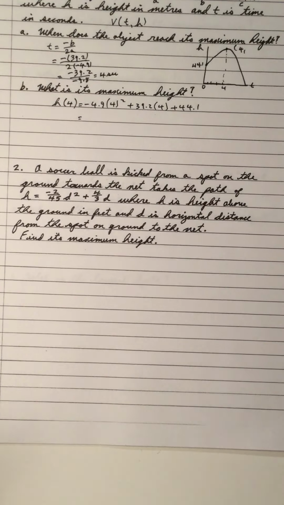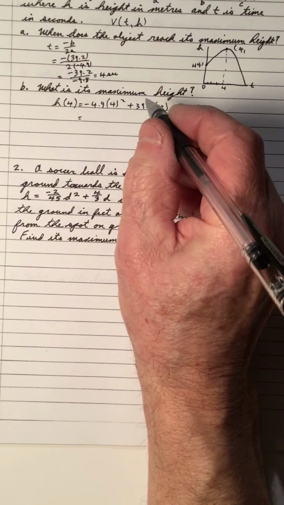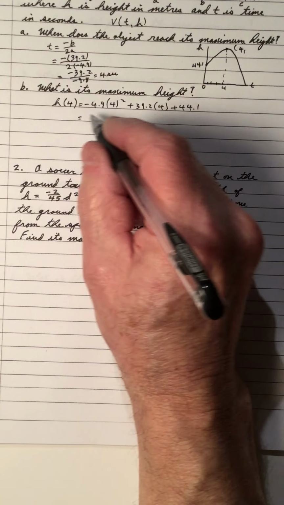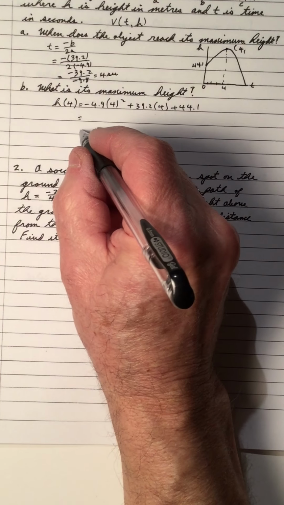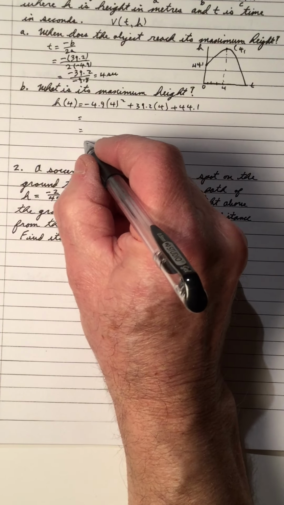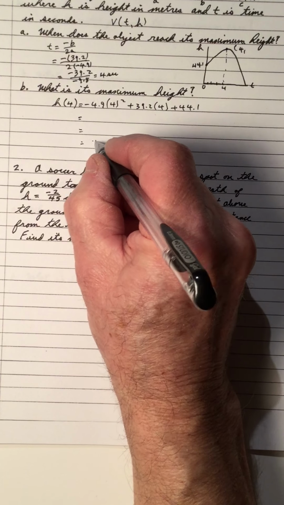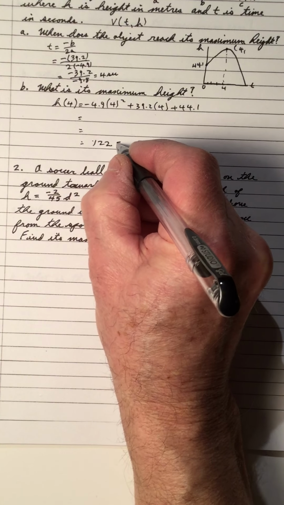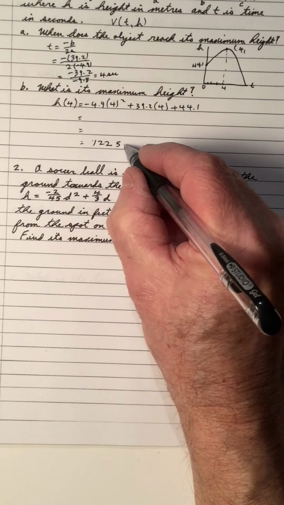So move the calculator away. If you want, you could work out each individual part, but it comes out in the end to 122.5, and the height is in meters.